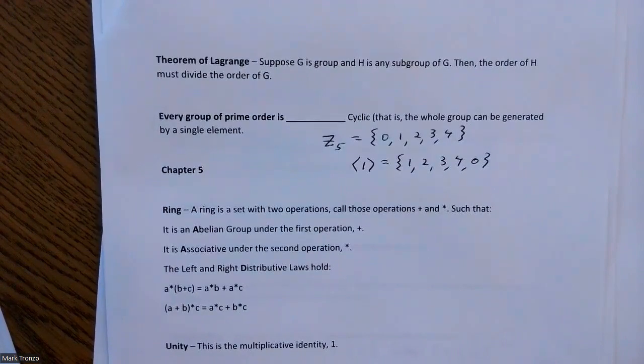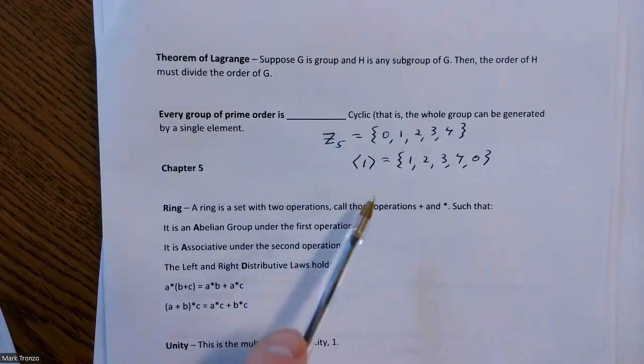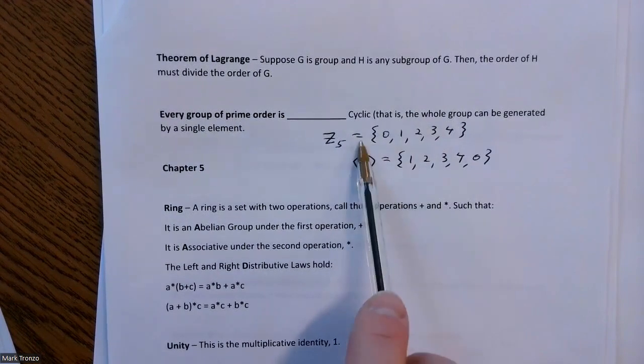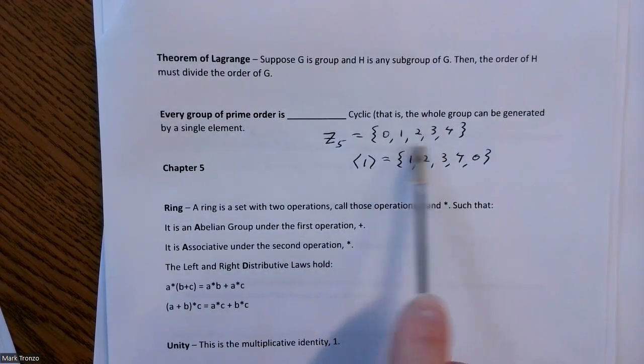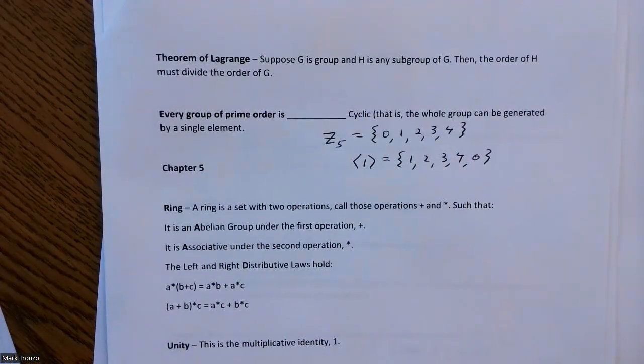So in other words, if a group is of prime order, then there's going to be an element that can generate the whole group.